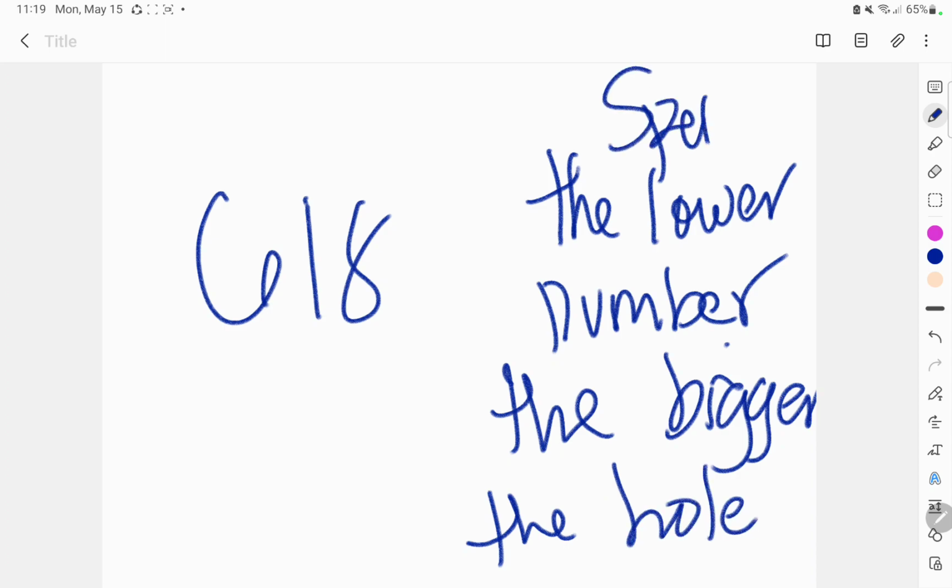There's a spell that we need to remember on your blood transfusion, especially on the needle: the lower the number, the bigger the hole. So we need to have a bigger hole kasi ang blood mo is hindi siya fluid masyado. May viscosity part. So kailangan makapasok talaga ang dugo sa vein ni patient.